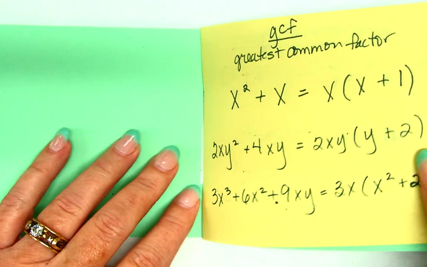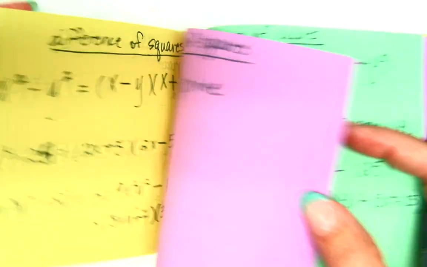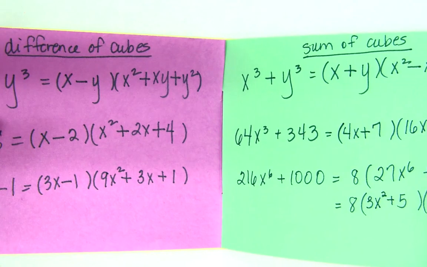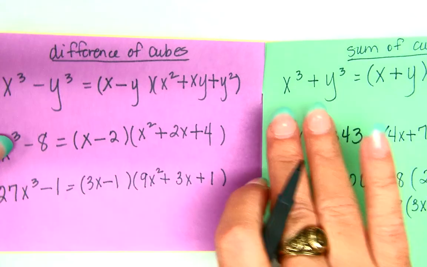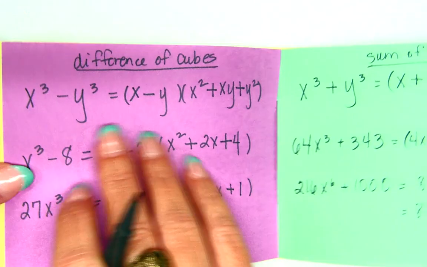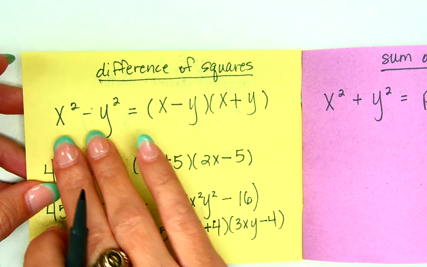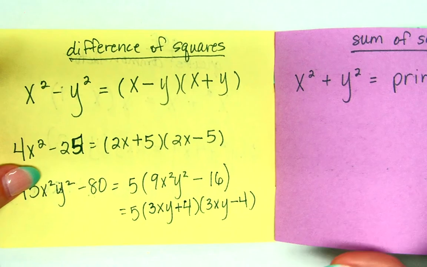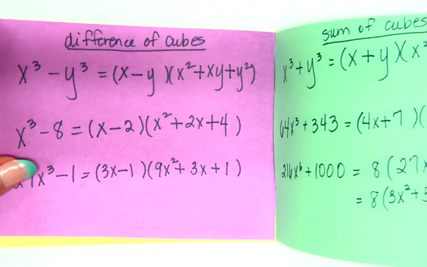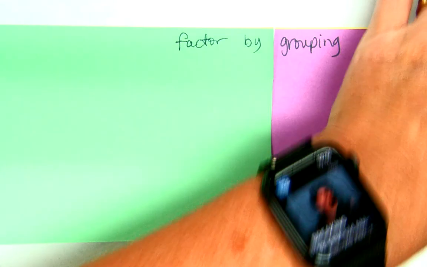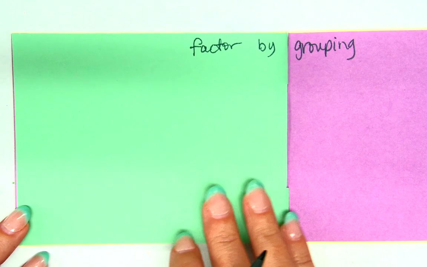Not counting greatest common factor, but looking at difference of squares, sum of squares, difference of cubes, and sum of cubes, what was true about all of the problems yesterday? How many terms did they have? Yeah, all the problems yesterday had 2 terms, right? So factoring by grouping is different because factoring by grouping is going to have 4 terms.